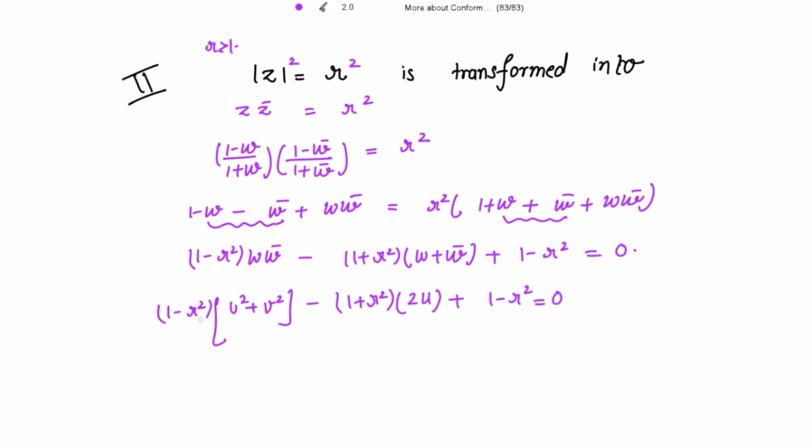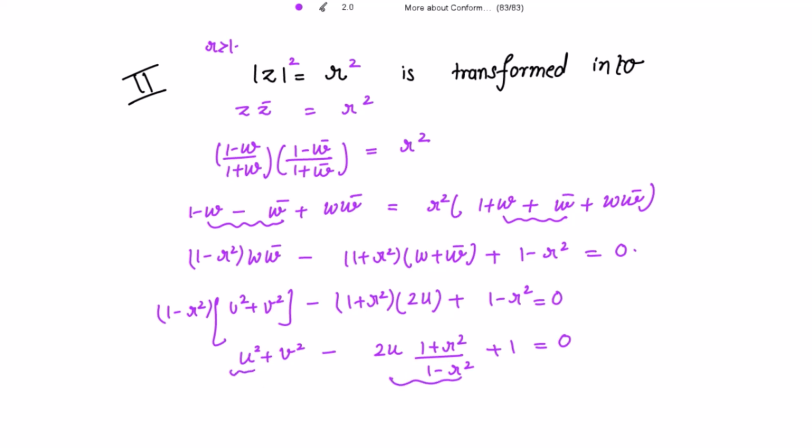And then let's take 1 minus r square common. So I get u square plus v square minus twice of u into (1 plus r square) divided by (1 minus r square) plus 1 equal to 0. Then in the next step, I'm considering this term and this term to make the perfect square.